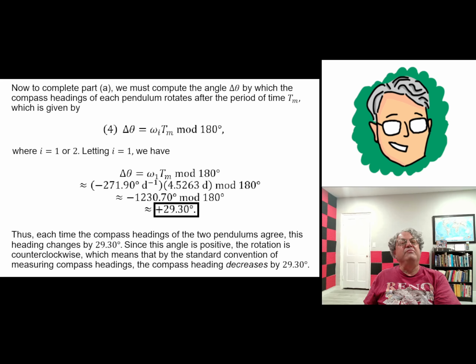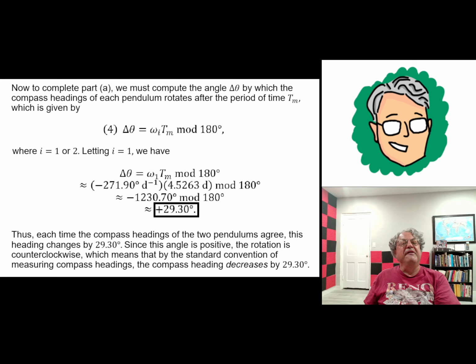If we multiply that by either omega 1 or omega 2, where omega 1 is the rotation rate of the plane of oscillation of the Foucault pendulum in Paris, and omega 2 is that of the one in Boulder, Colorado, and we take the result modulo 180 degrees for either of these pendulums, we should get the same answer, because we defined it that way. So it doesn't matter which pendulum you use.